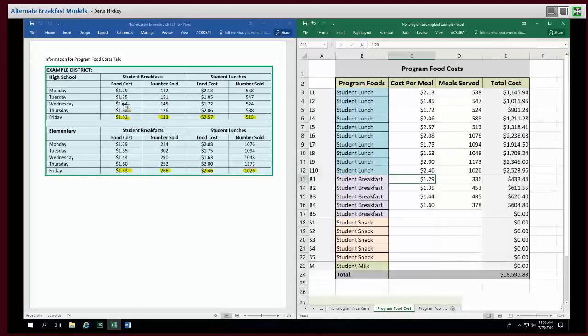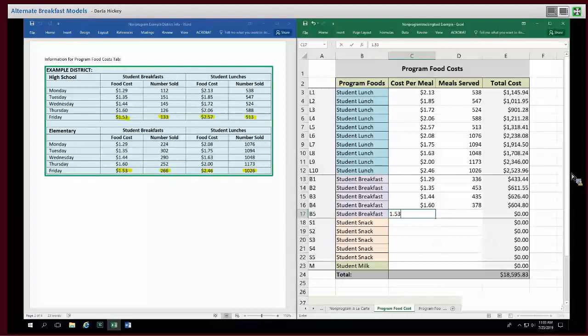Then you can see at the high school and at the elementary school, we had the same cost for breakfast. We're serving an overlapping meal pattern for them, so those are entered here. We have Monday, Tuesday, Wednesday, Thursday, and I'll enter Friday. Cost of breakfast was $1.53.